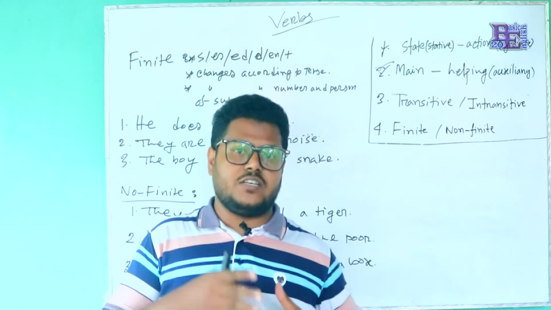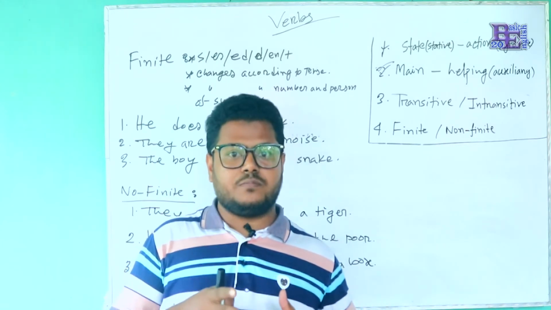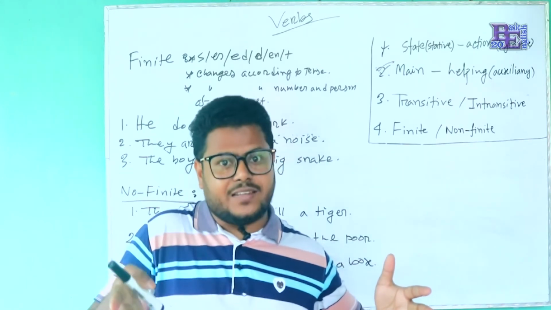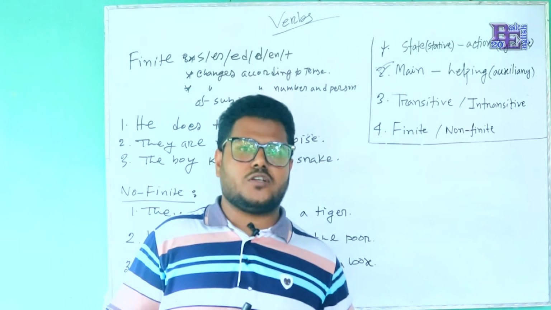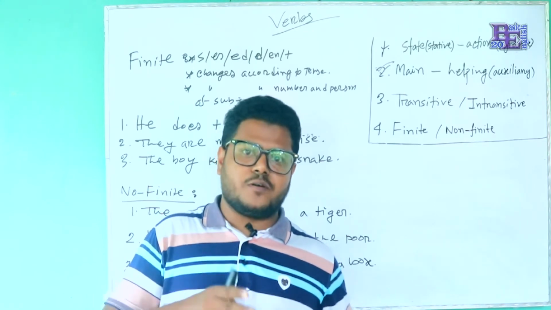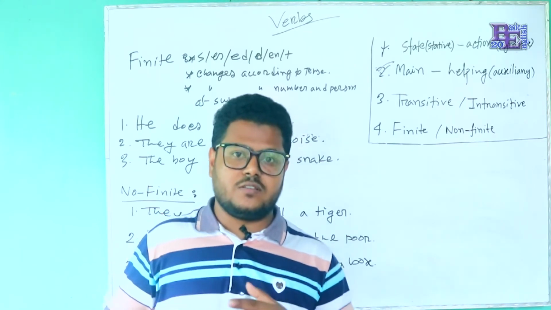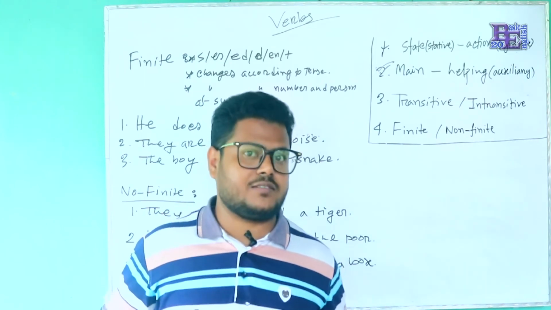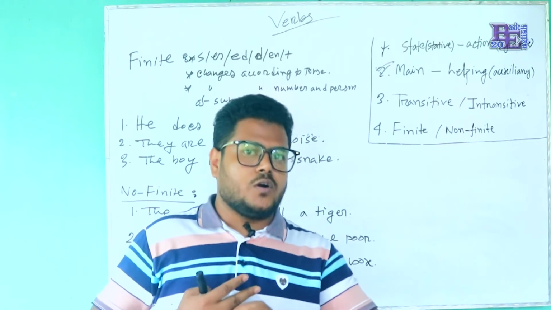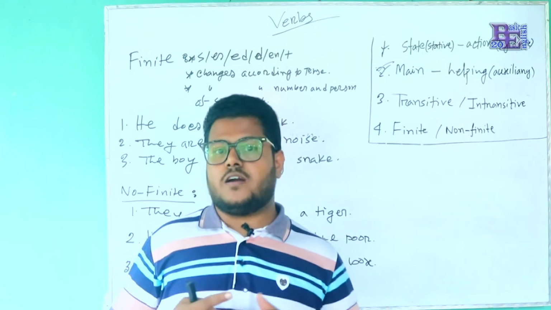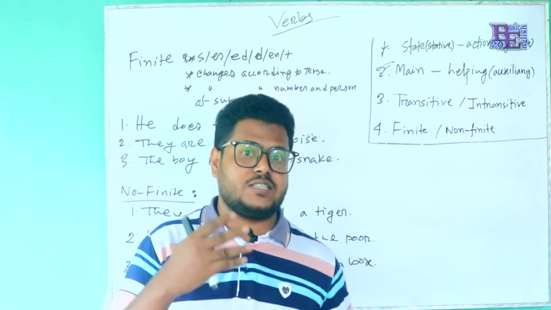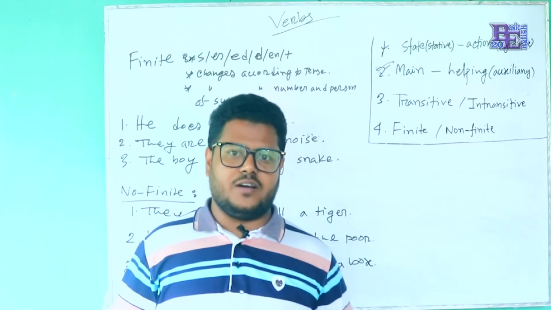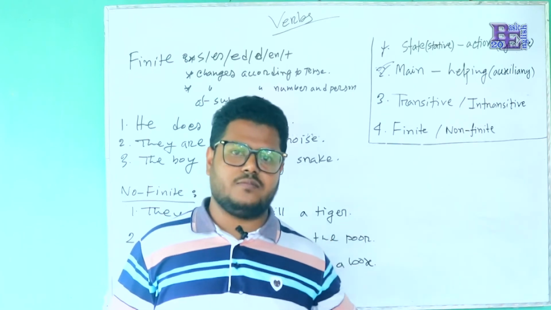You have to remember that it will take help from an auxiliary verb to express tense, but it will not take any help from any other verb in expressing the meaning of a sentence. That means it can complete the meaning alone, independently. On the other hand, a non-finite verb cannot express the meaning of a sentence without taking help from the finite verb or any other verb.